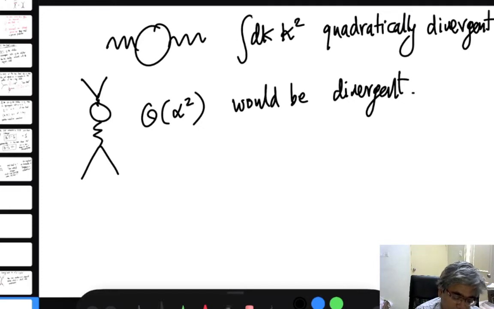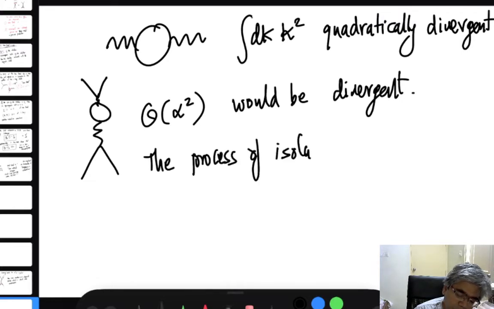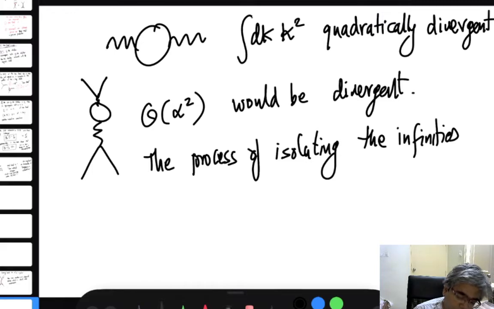Now there is a systematic process of isolating the infinities and removing them. These are all called loop integrals.